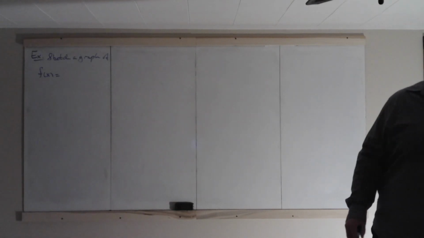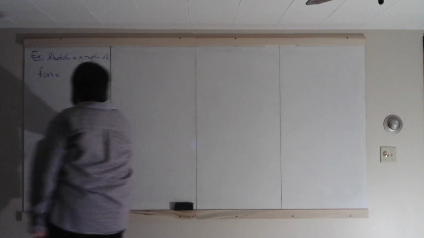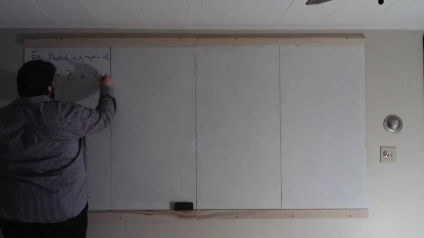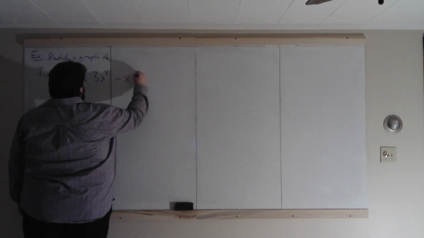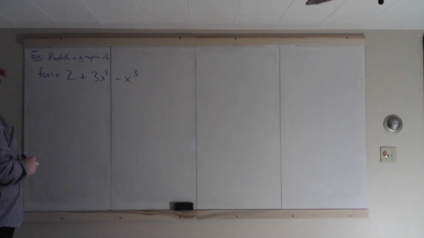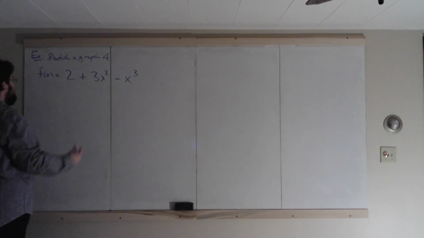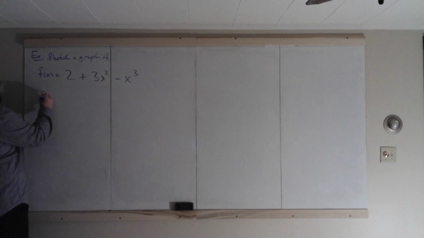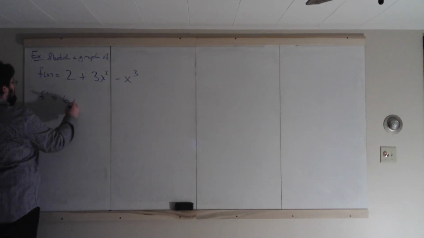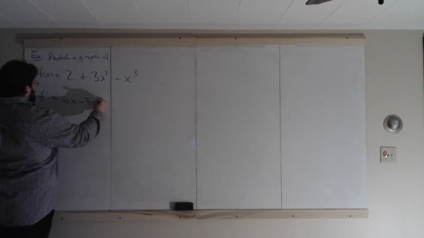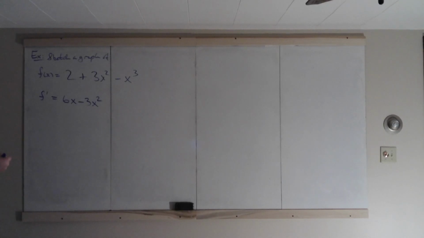It might. Next, 2 plus 3x squared minus x cubed. Well, we're going to do the same thing. First derivative, positive, negative. Second derivative, positive, negative. So here the first derivative is 6x minus 3x squared.